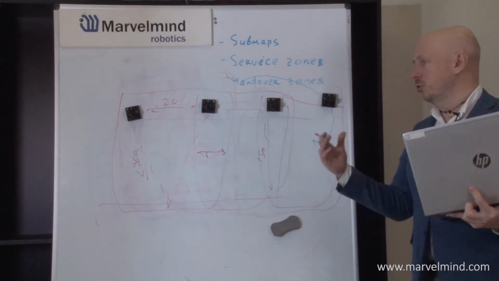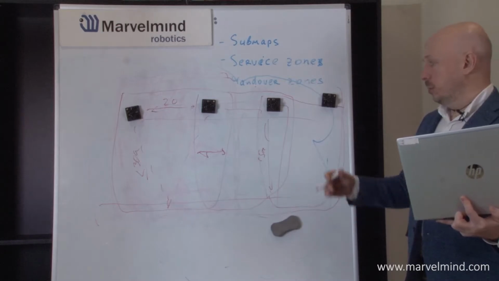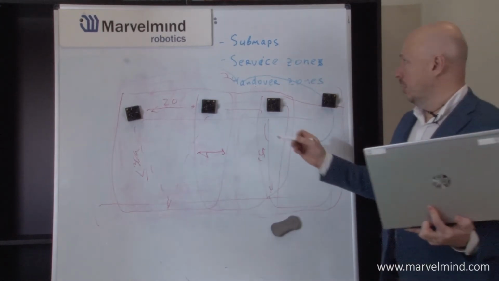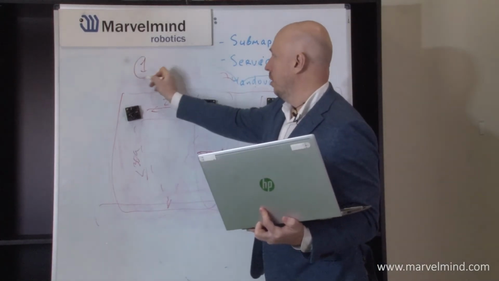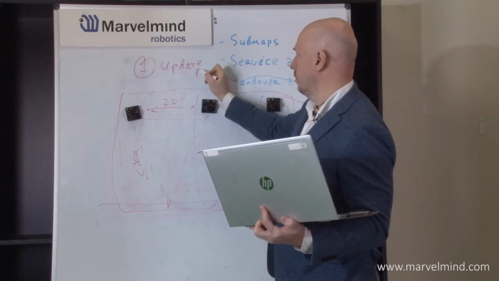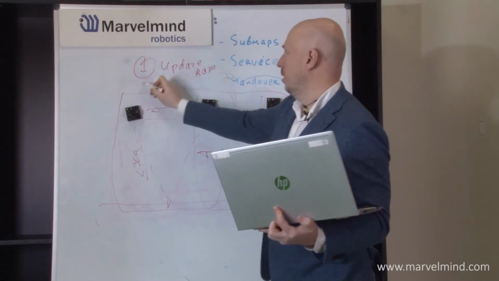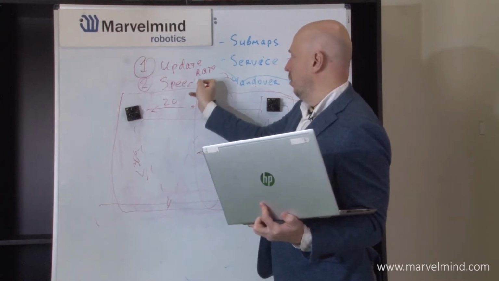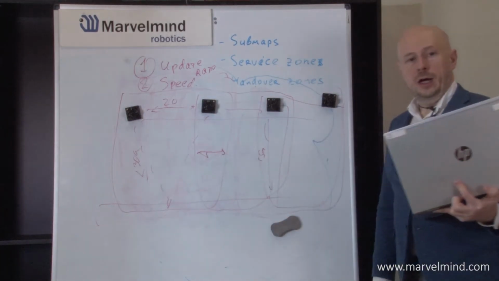It's not too much. It's not too small. But where is this coming from? It's coming from two things. One is your location update rate, and another one, speed of your mobile object.